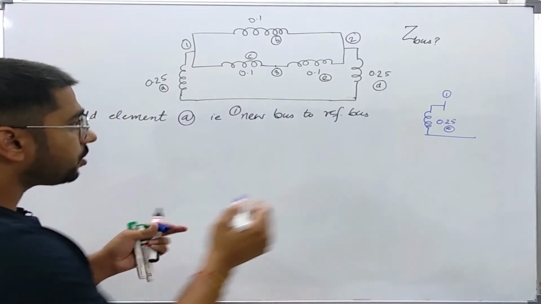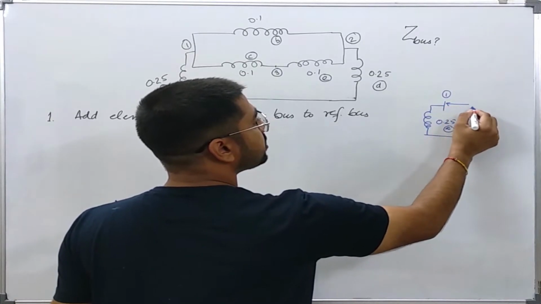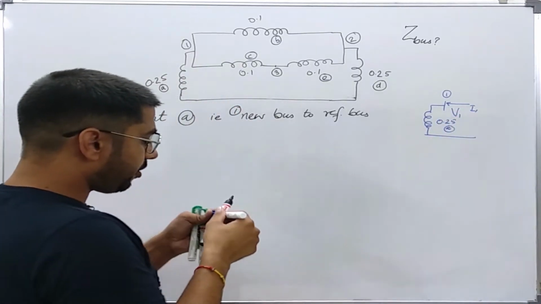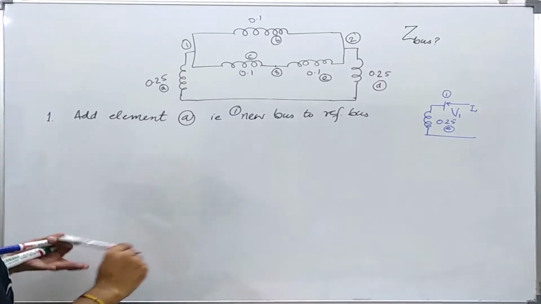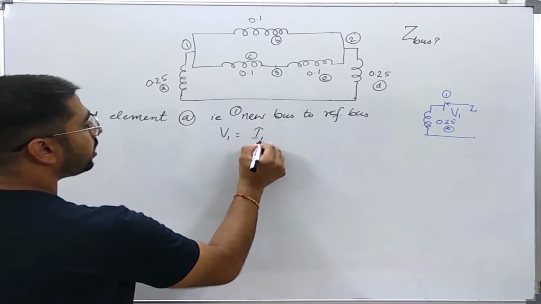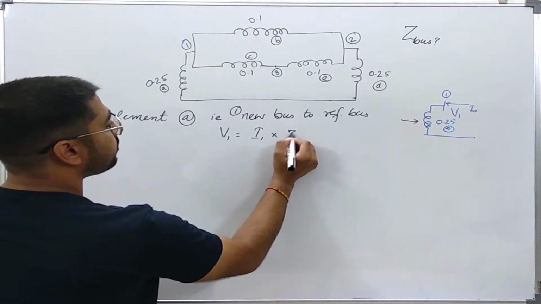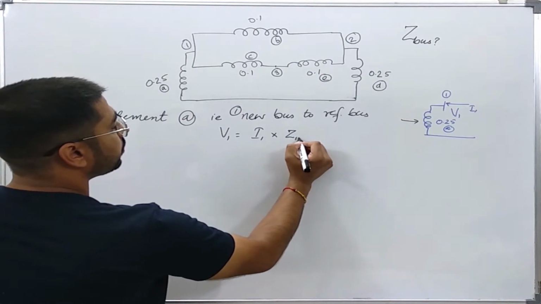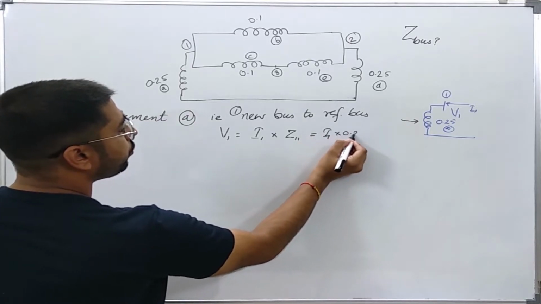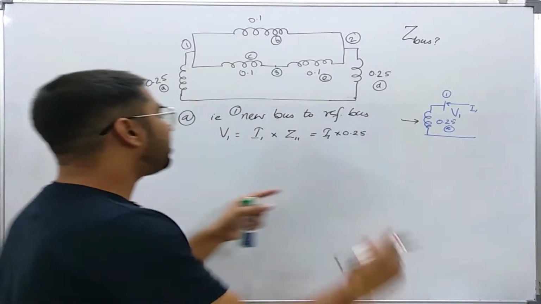Let us say the current entering into the network is I1, so the voltage here is V1. Now we already know that V1 is equal to I1 into this impedance, Z1, or I1 into 0.25. So for this simple case, this is the type 1 modification.